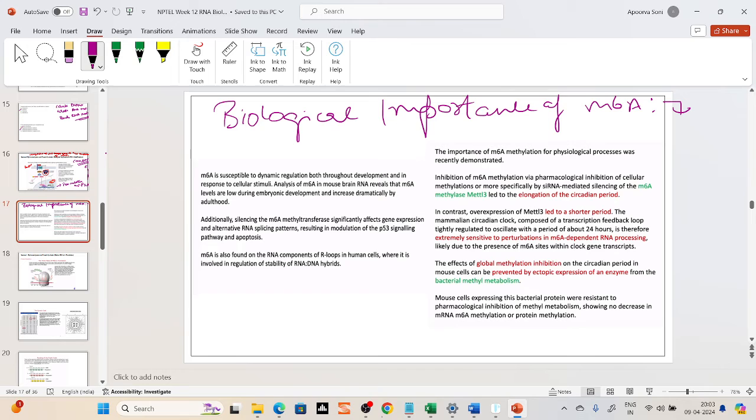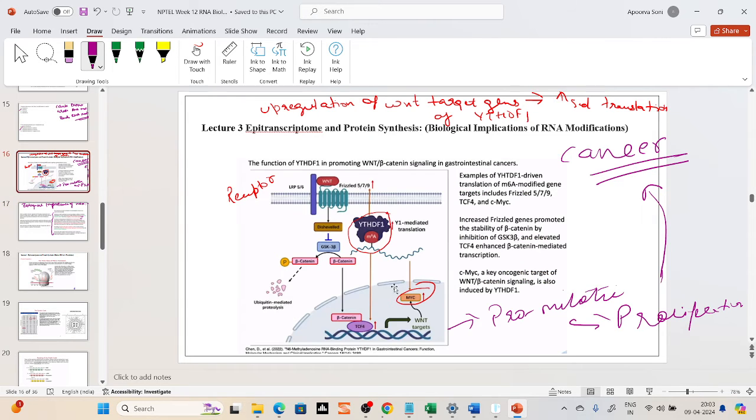This M6A modification can lead to elongation of the circadian period. Then, if METTL3 is overexpressed, it can lead to a shorter period of the circadian clock. These are various biological phenomena that are affected by M6A modifications. You can just read it over here. Nothing much to explain. Everything that was a little logical, I already explained.